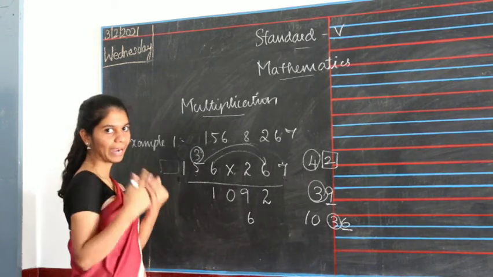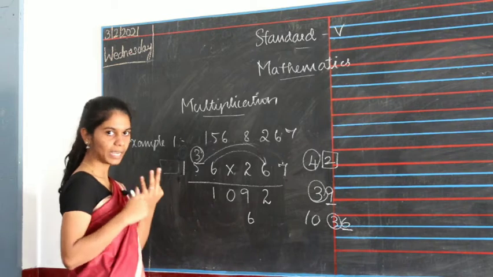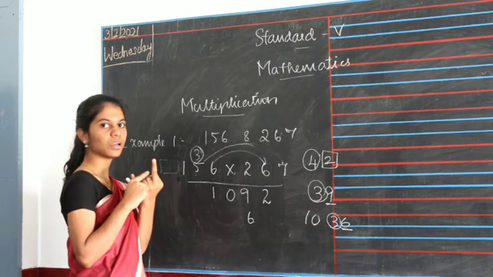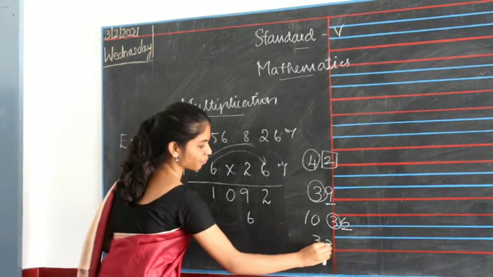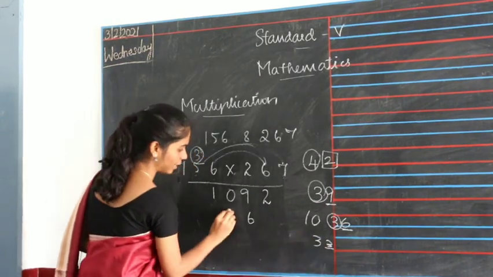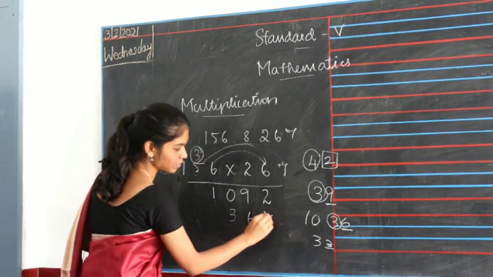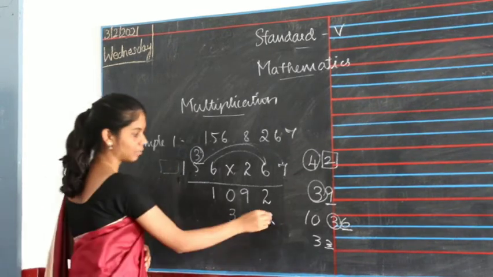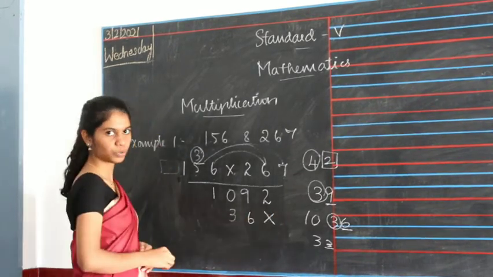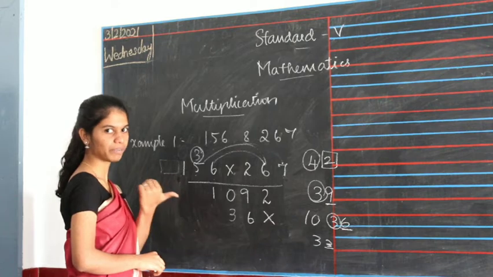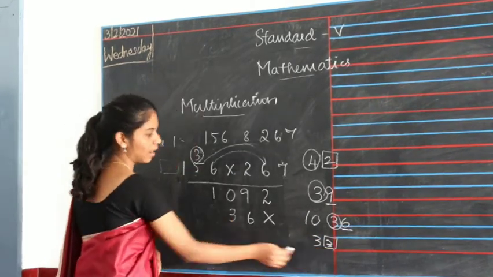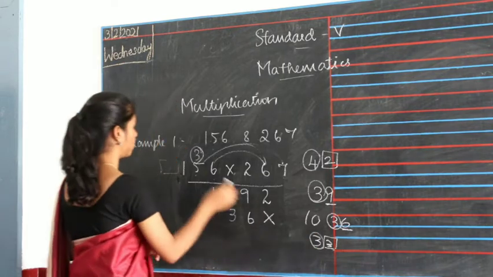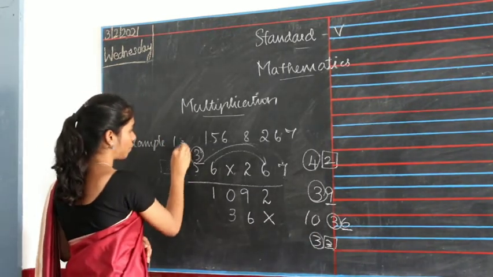So 30 in your mind, 3 on your fingers. 30 after 31, 32, 33. So 33. 3 is the unit that you will write here. See, this place you have to leave. That place you are not supposed to use, you remember from the previous class. So 3 is the unit and 3 is your carry that you will write on top of the next number.